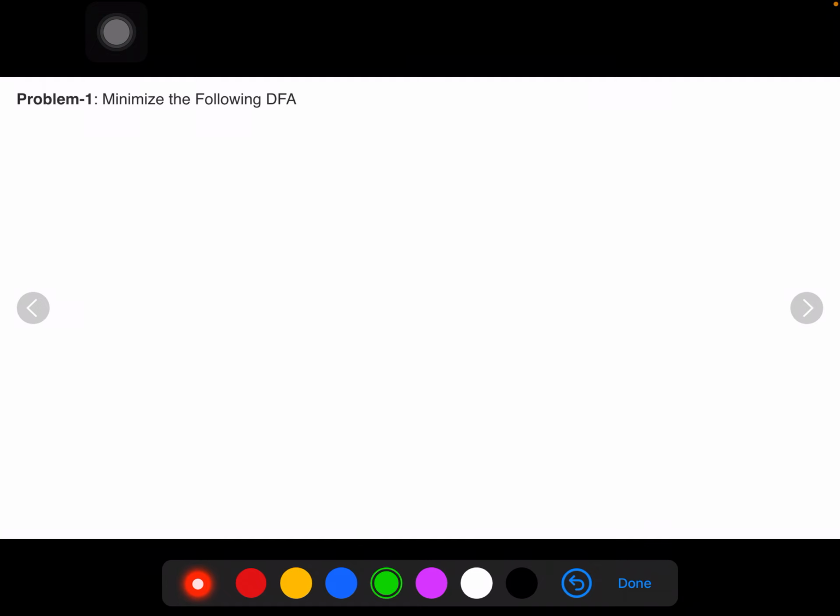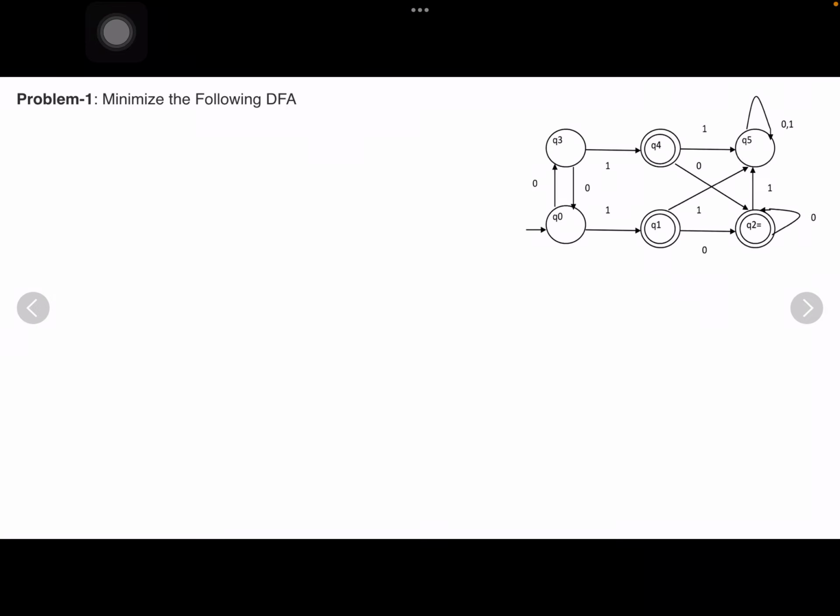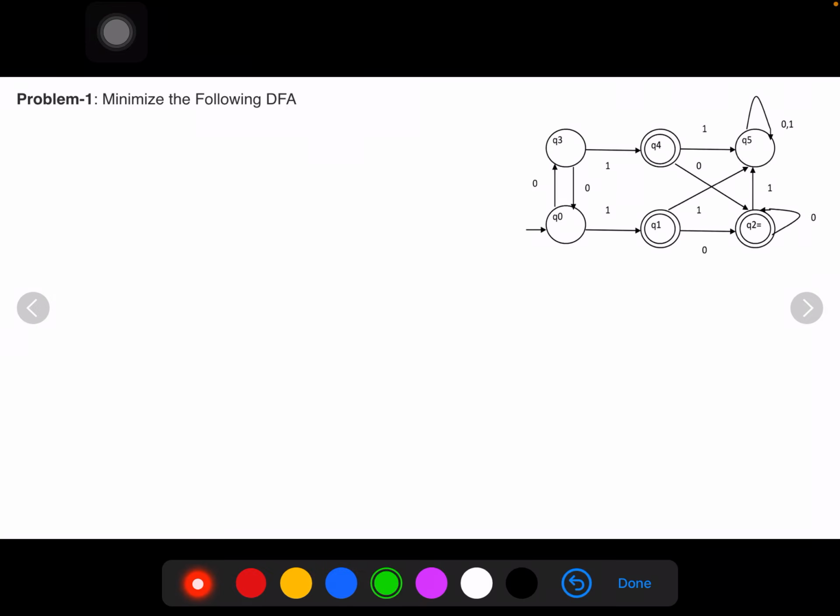Okay, this is the one diagram I have taken. Look at this diagram. Is there any dead state or inaccessible state? You have to check those. That is step 1. Is there any dead state?